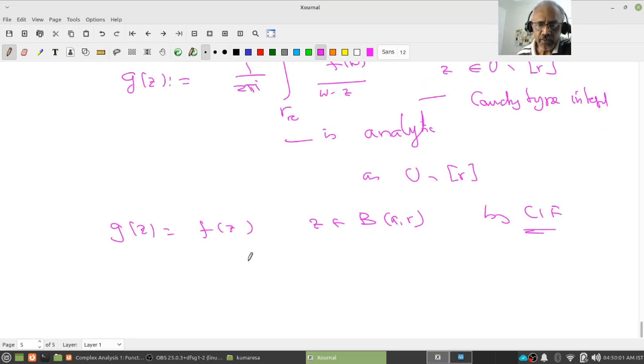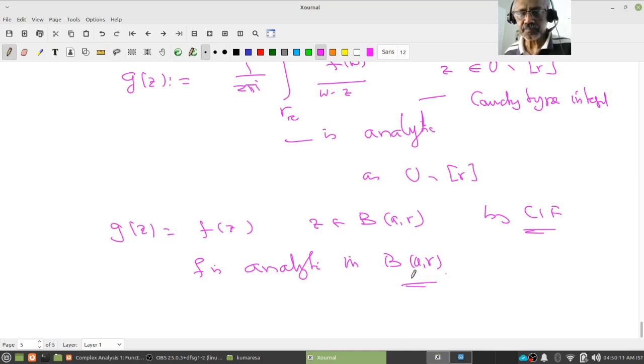Therefore, f is analytic in the ball. In fact, we have seen that it could be a power series.